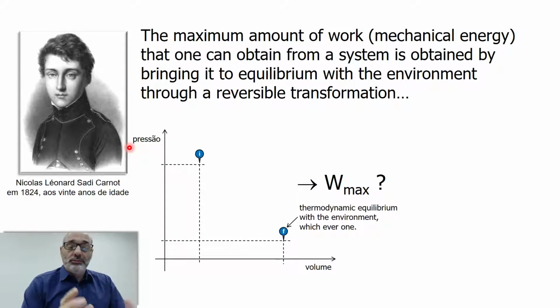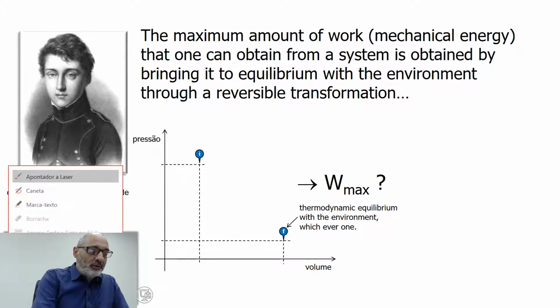So our problem is to generate the maximum amount of work, mechanical energy, from a system which is in a specific thermodynamic state, a certain level of pressure, a certain temperature, and the volume. So we're going to generate energy by bringing this system to equilibrium with the environment. What we're going to do is this.